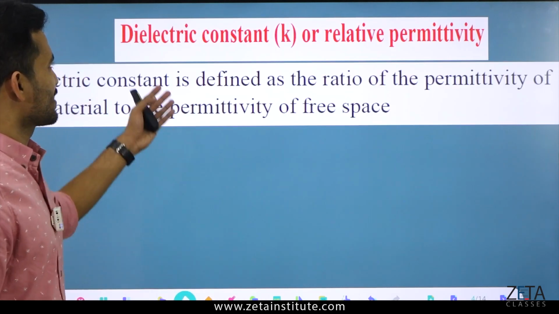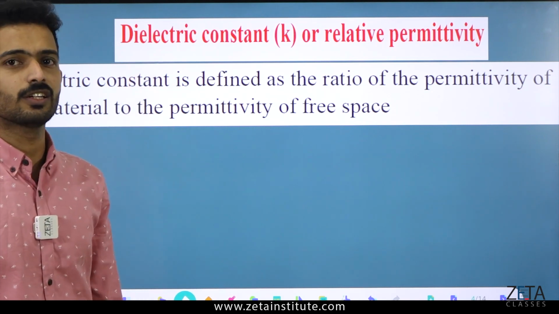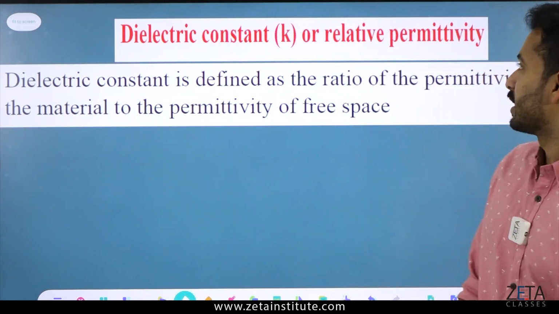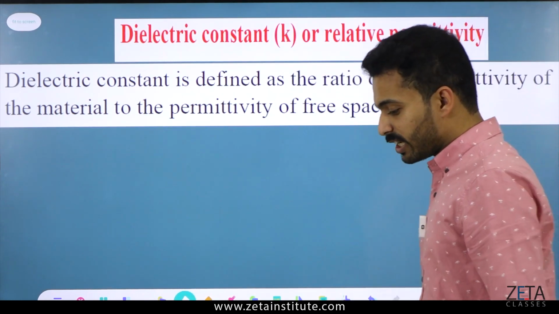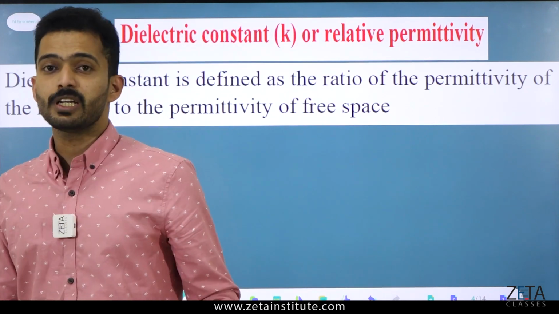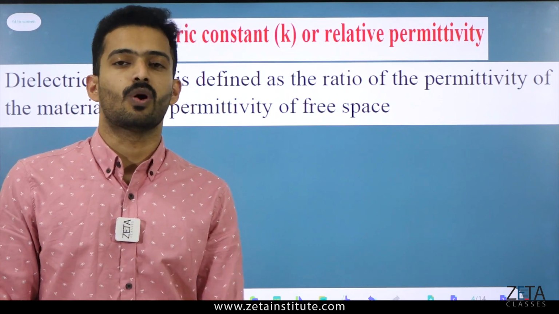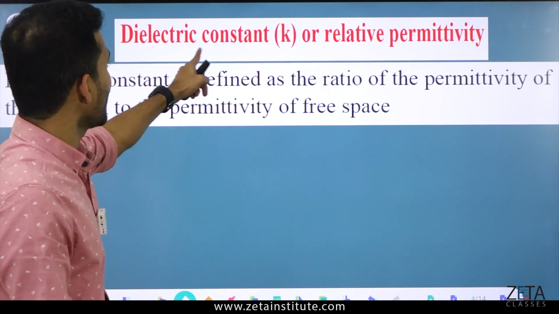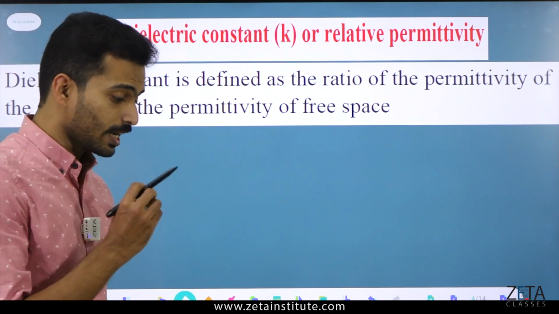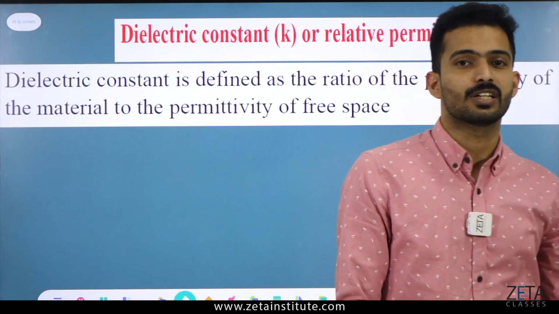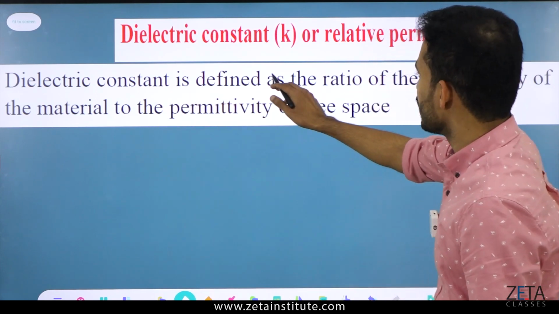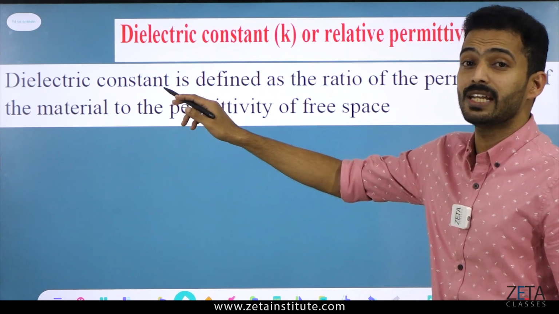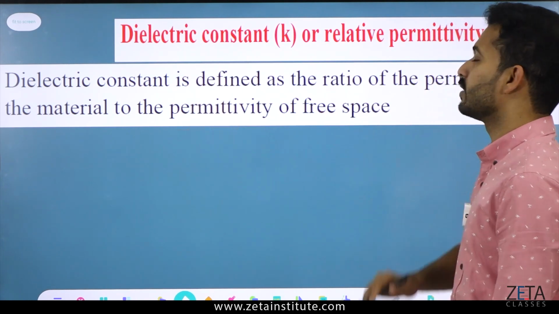Okay. Next, let us discuss another term, that is dielectric constant or relative permittivity. We have already discussed the permittivity of free space and the permittivity of a medium. Then what is relative permittivity or dielectric constant? Dielectric constant is defined as the ratio of the permittivity of the material, that means the medium, to the permittivity of free space.